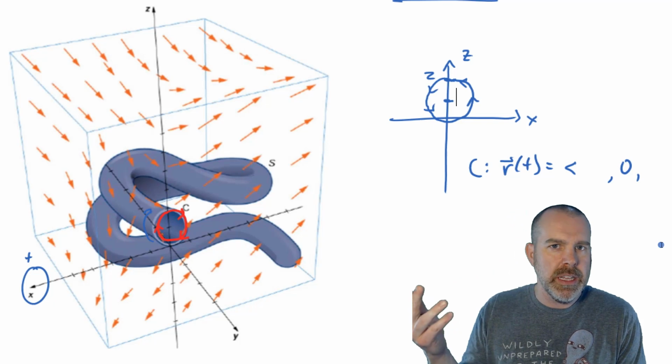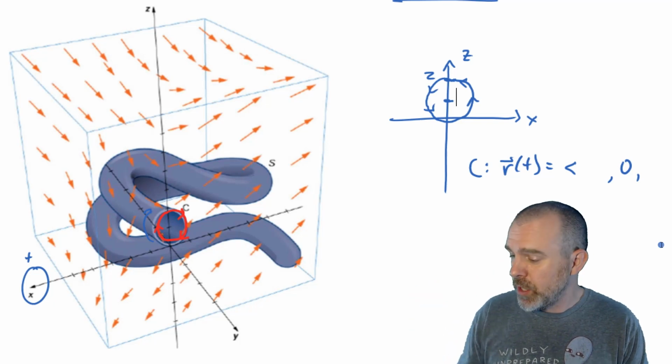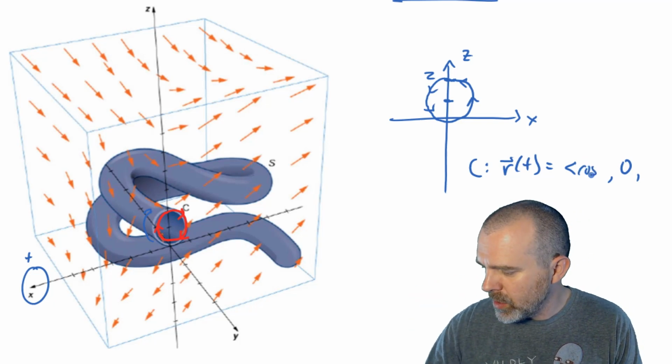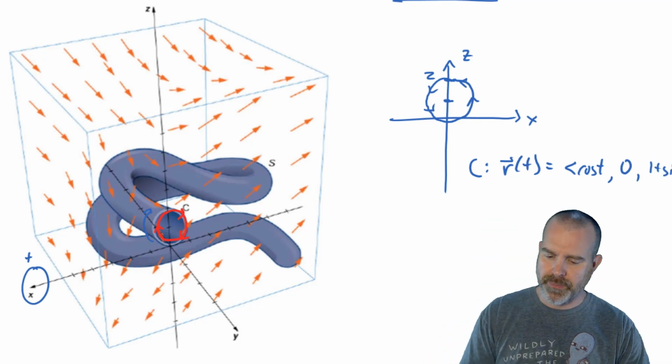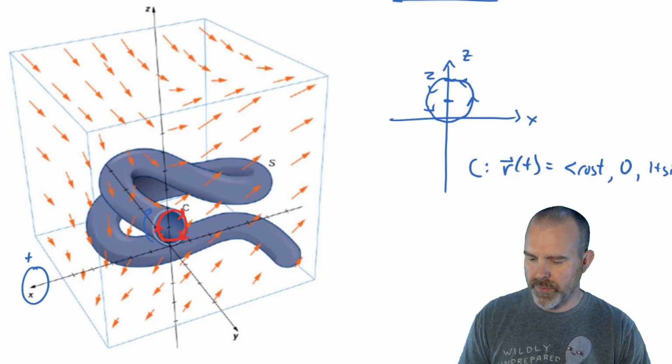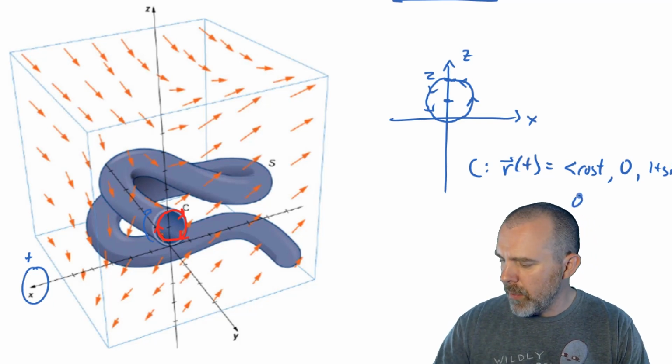So let's see here. This means we want basically the unit circle, but the z should be shifted up 1. So we'll do cosine t and 1 plus sine t. We want to do all the way around, so t would go from 0 to 2 pi.